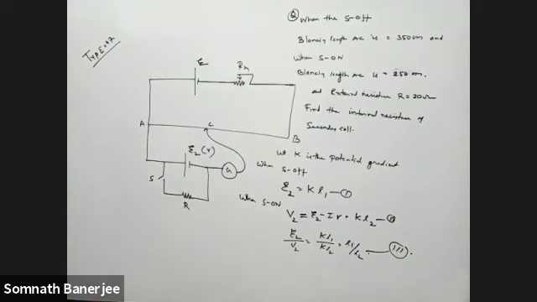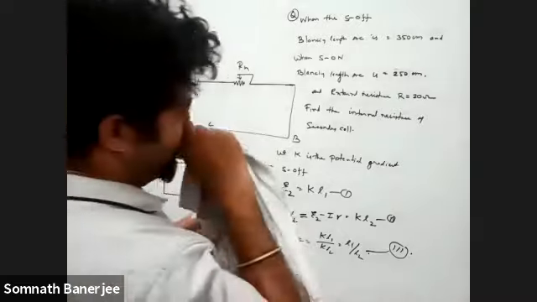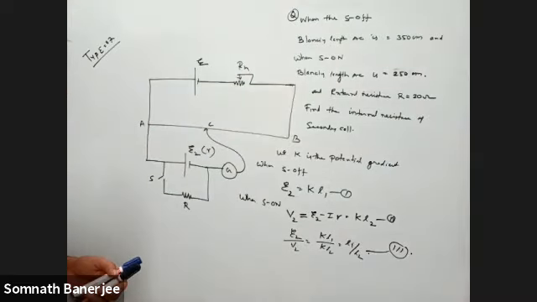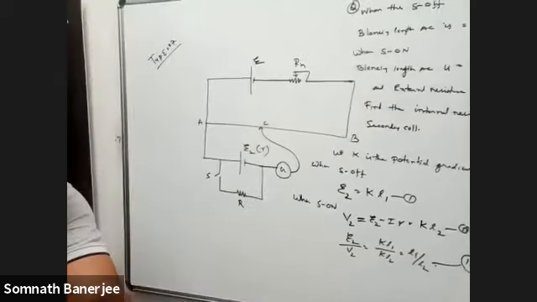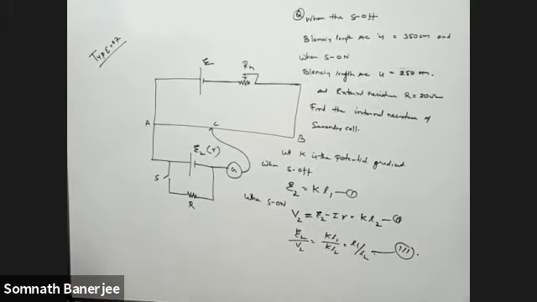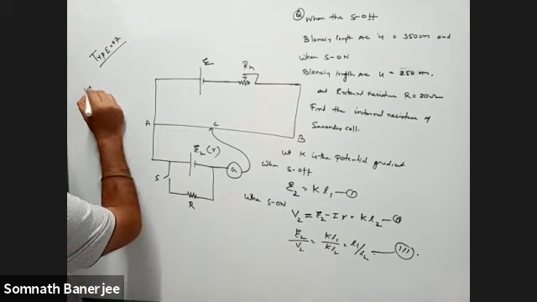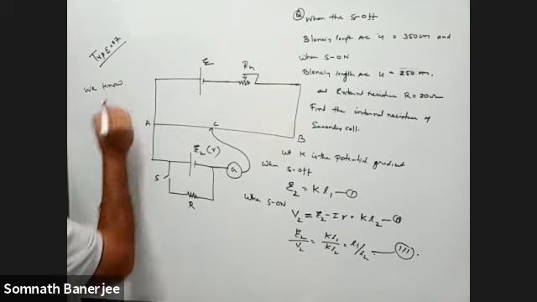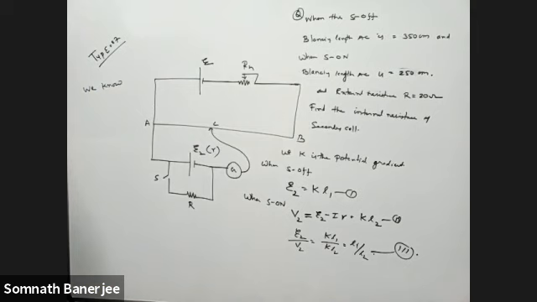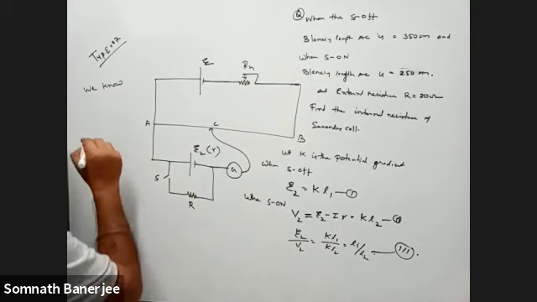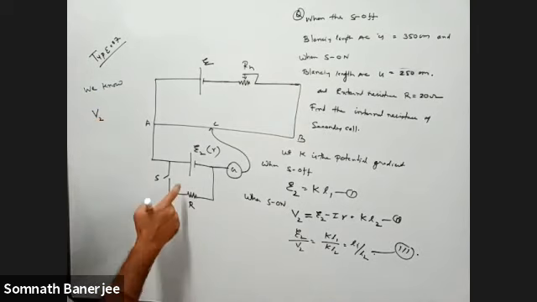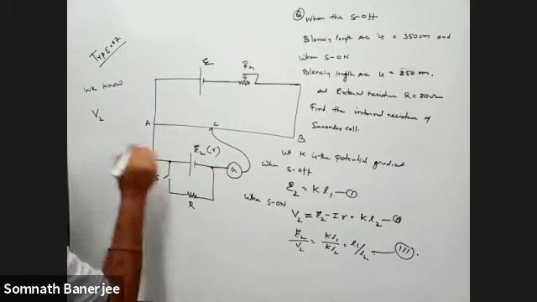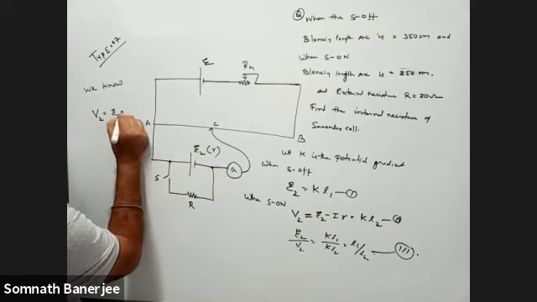Now we have to use this part. We know V2, which is this one, the terminal voltage, is E2 minus IR.